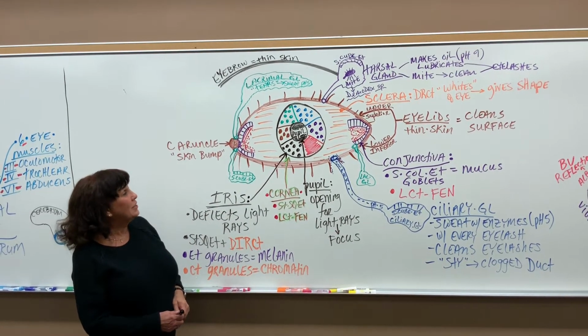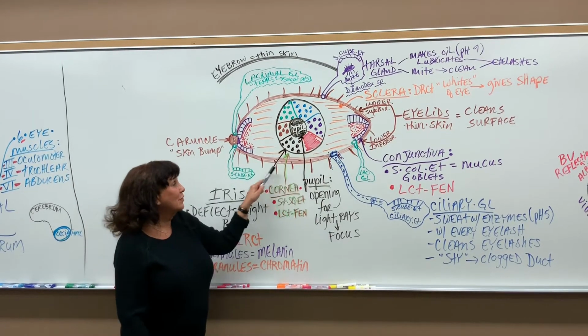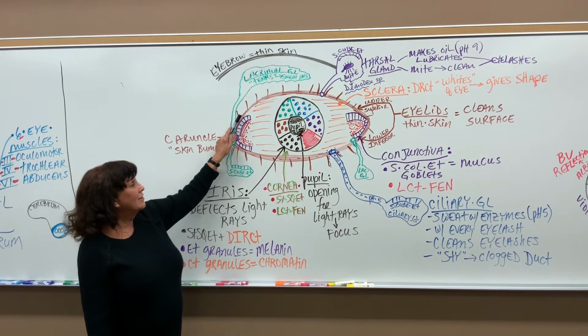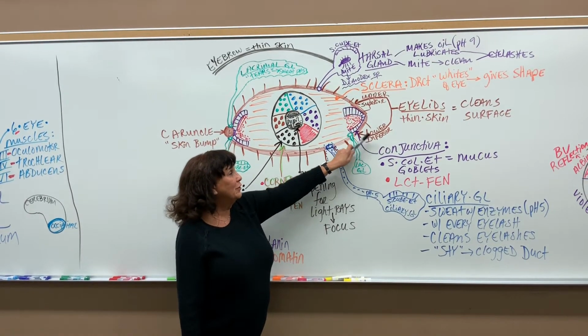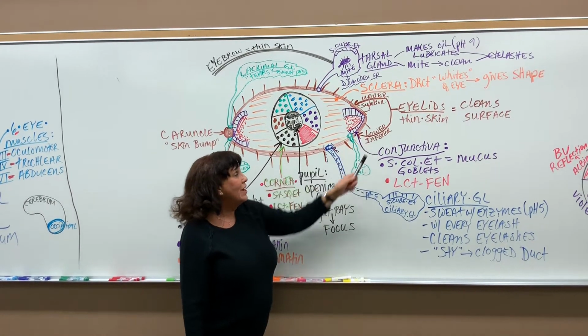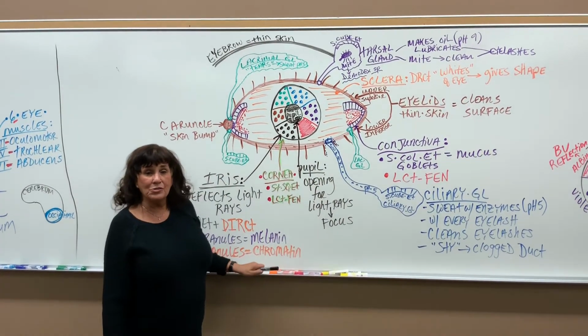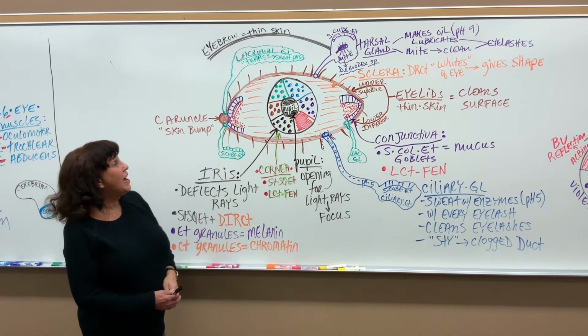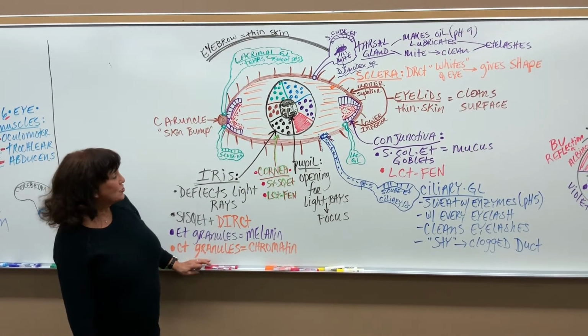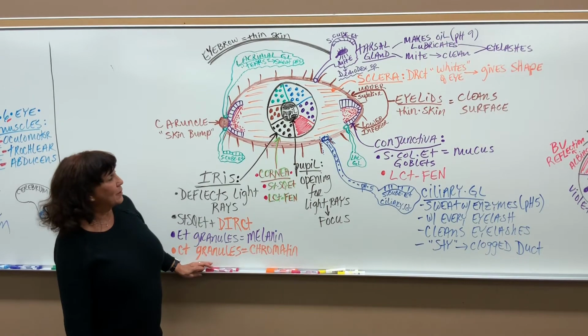All right, then we come down to the eye itself right here. And so you have eyelids, an upper eyelid and a lower, superior and inferior eyelids right there. And they're made out of thin skin also because you have eyelashes right here. The real term for eyelashes is palpebrae.